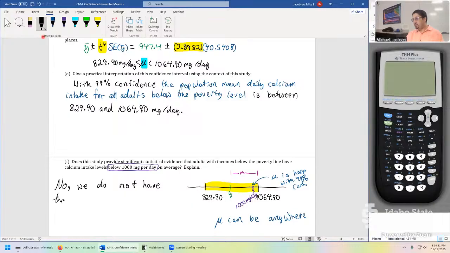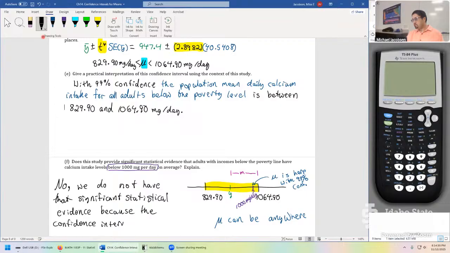have that significant statistical evidence because the confidence interval includes values above 1,000 milligrams per day.